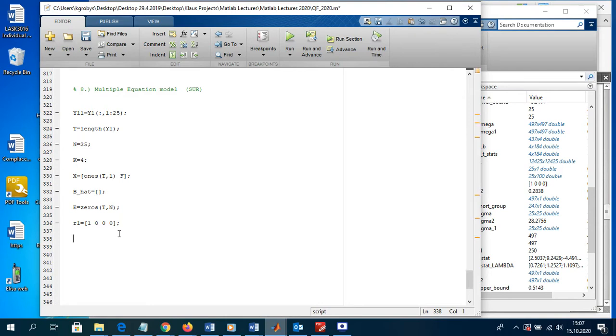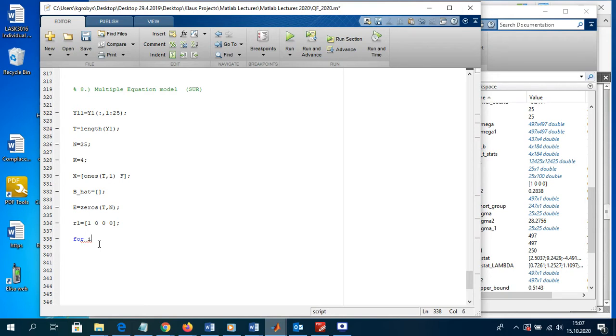Next we start our for loop. We now regress, equation by equation, each single excess return vector on our risk factor matrix that we defined here.